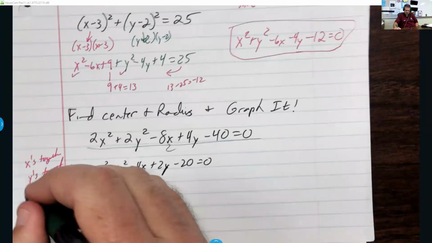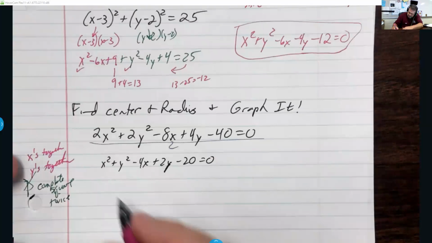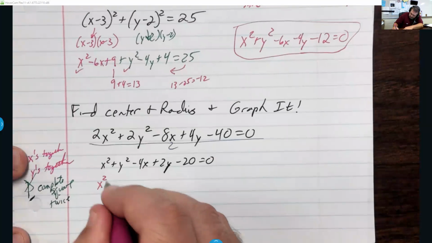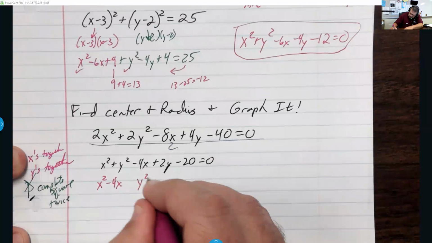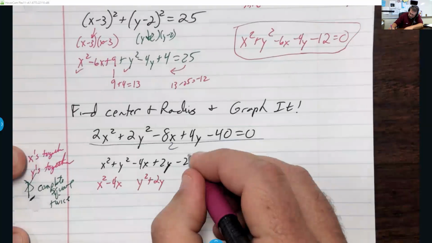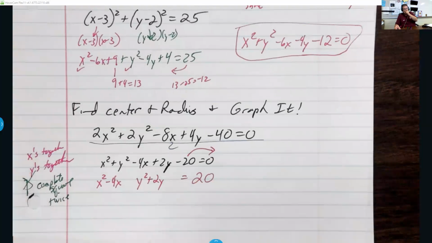This is the key. This is the reason why I teach complete the square before, because now you've seen how to complete the square. Okay? So what we're going to do is we're going to put the x's together, x squared minus 4x. We're going to put the y's together, and this 20's got to go to the other side. So it becomes positive 20.